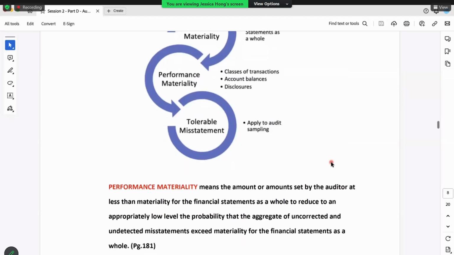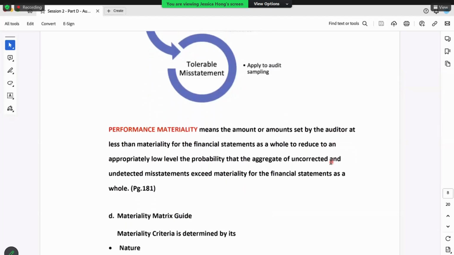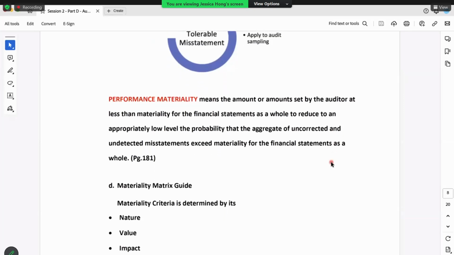Performance materiality is the amount set, and usually it is less than the materiality we set overall for the financial statement. Later we will aggregate all these uncorrected misstatements together with the undetected misstatements, and see whether the total exceeds the materiality that we set for the financial statement as a whole.